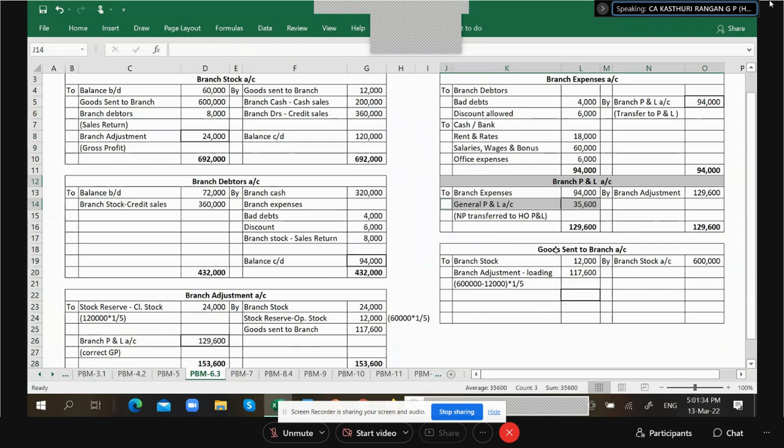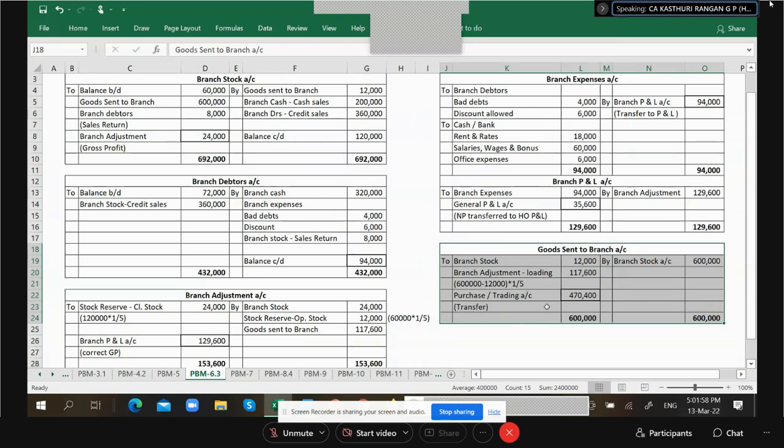Since we opened GSB account, we have to close it also. How to close it? After removal of loading and making all adjustment, there will be a balance in GSB account. That should be transferred to purchase account or trading account. Why purchase or trading account? Very simple. First the HO purchases the goods, then they send it to branch.